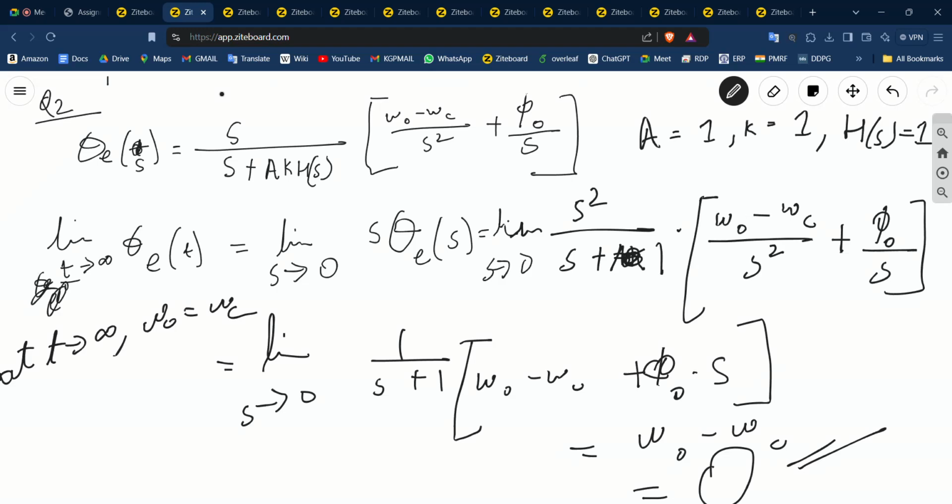But practically nothing runs for t equal to infinity, so we get some error. But in the limiting case, this derivation states that we will get 0 as steady state error.